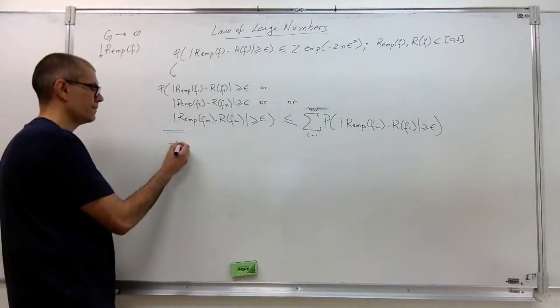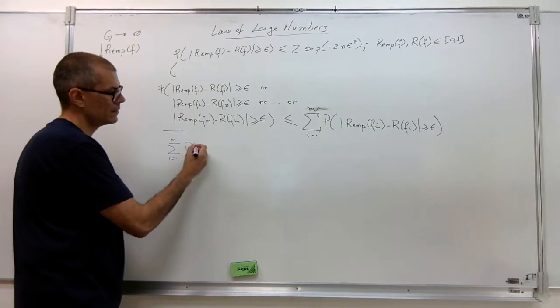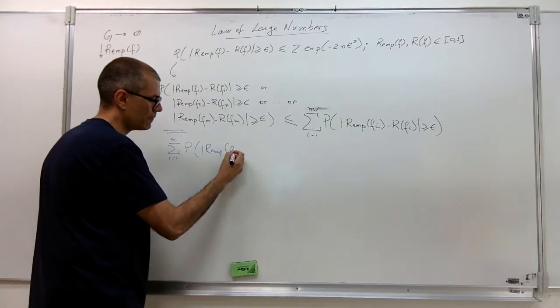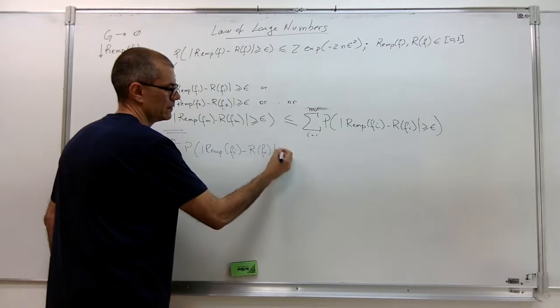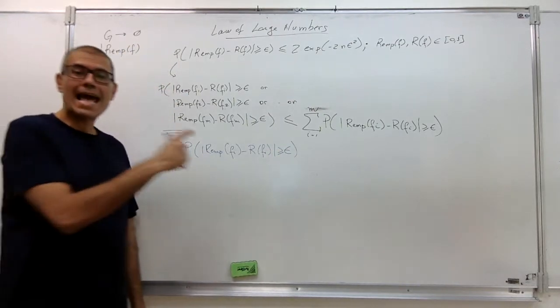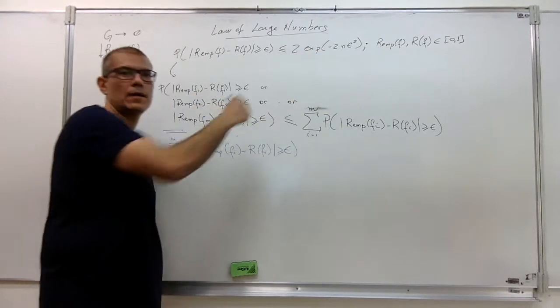So if I have this sum from 1 to m on one side for the probability of the empirical risk of fi and the expected risk of fi being greater than or equal to epsilon, for every single function we have here, we have that upper bound.